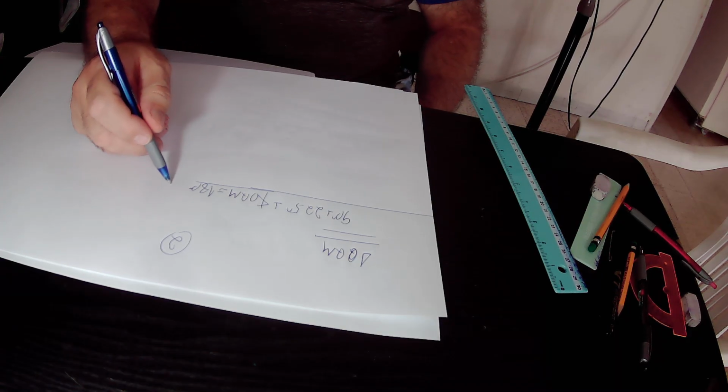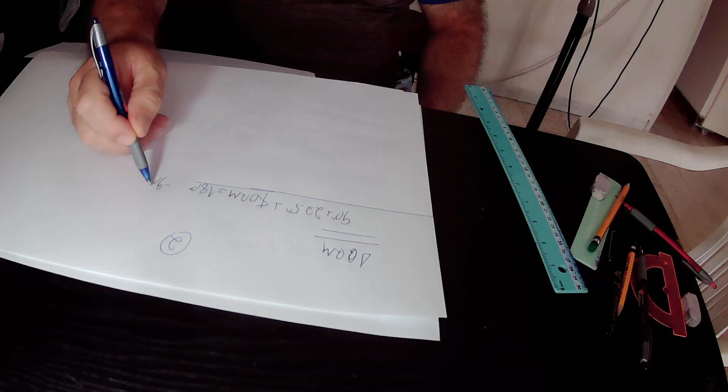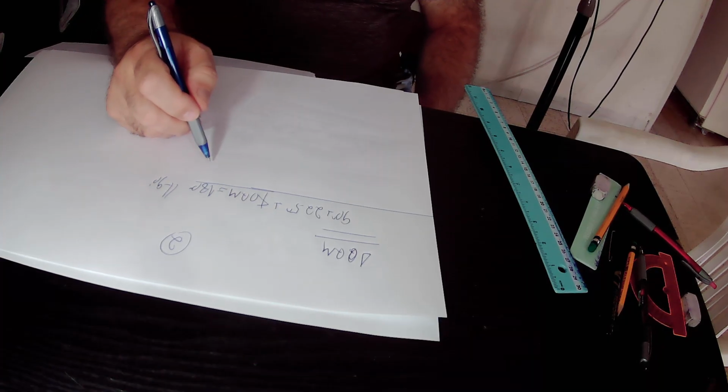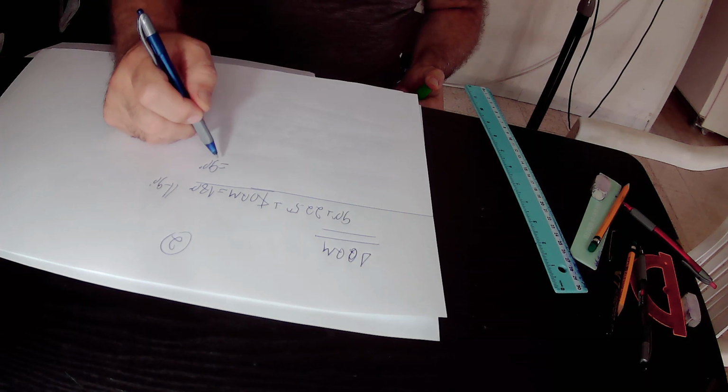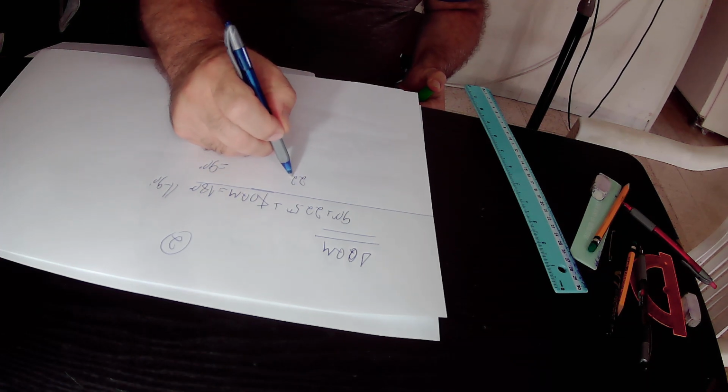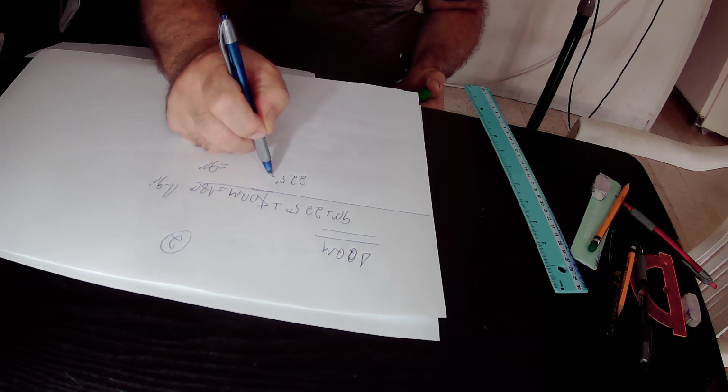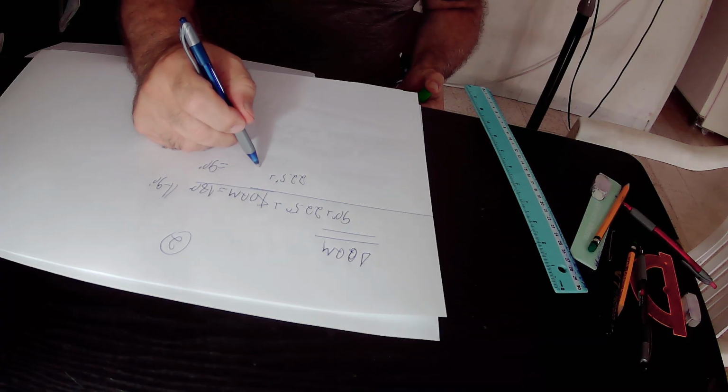Here we will subtract 90 degrees from this equation. And we get that 180 degrees minus 90 degrees is 90 degrees, and it is equal to 22.5 degrees plus the size of the missing angle OQM.